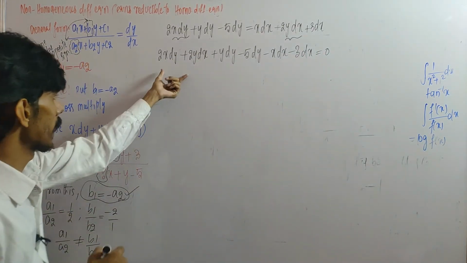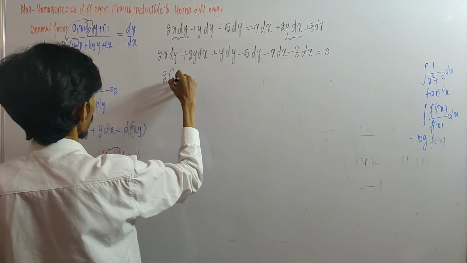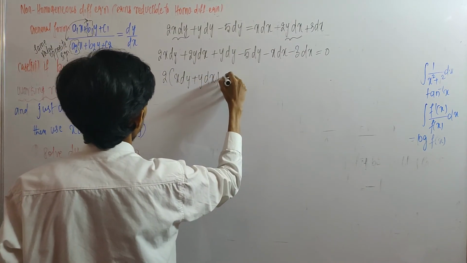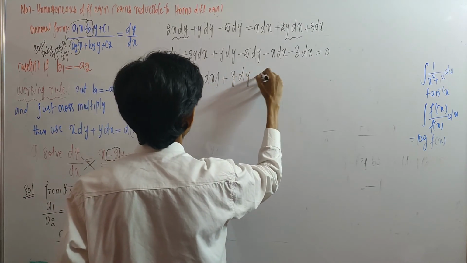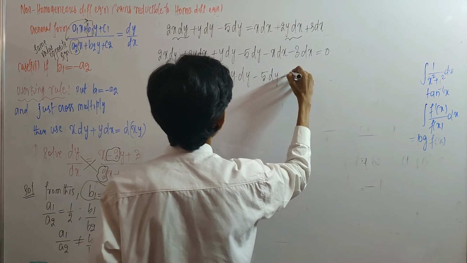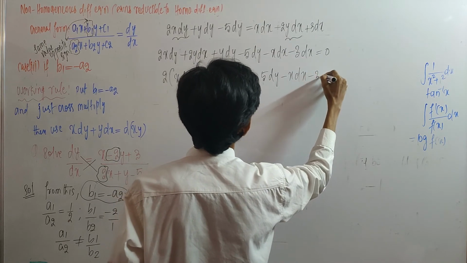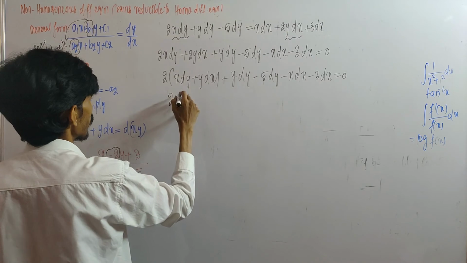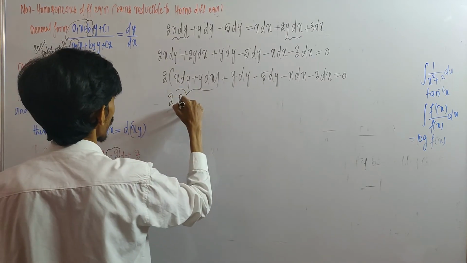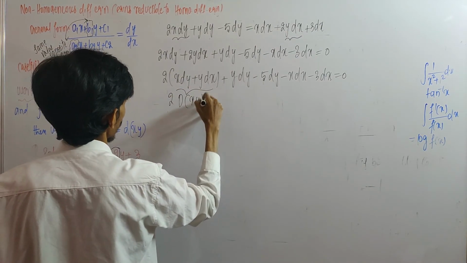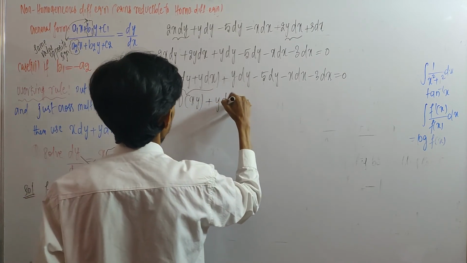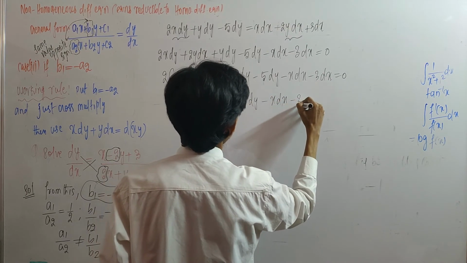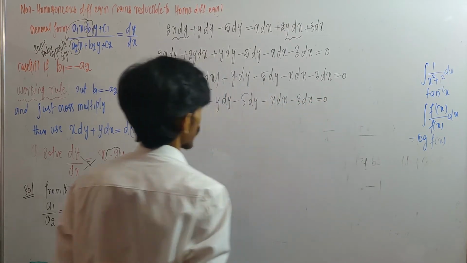Now take 2 common: we have x dy plus y dx, plus y dy minus 5 dy, minus x dx, minus 3 dx equal to 0. So this complete term will be replaced by d of xy, the derivative of xy, plus y dy minus 5 dy minus x dx minus 3 dx equal to 0.